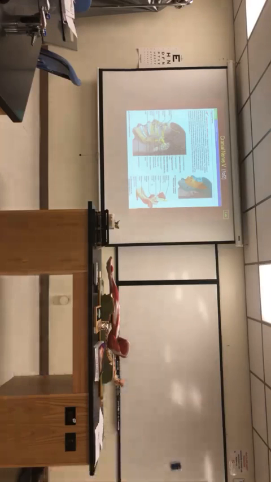You don't need to worry about the divisions and what each one does. You just need to know overall what's the function of the trigeminal nerve. Well, sensory from the face, general senses from the face, and then motor output to chewing muscles.